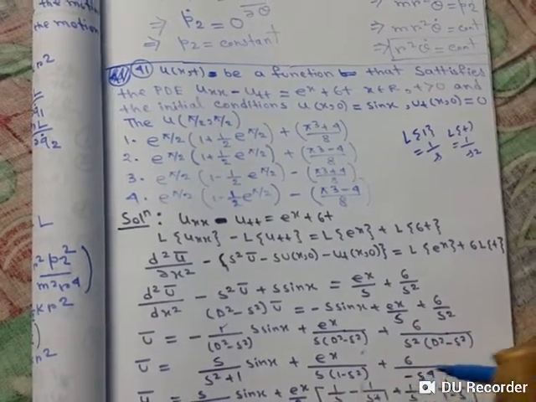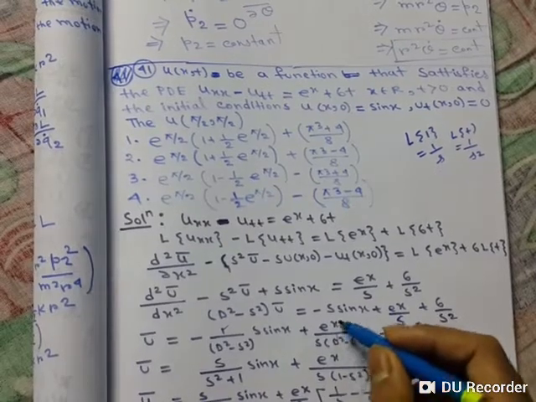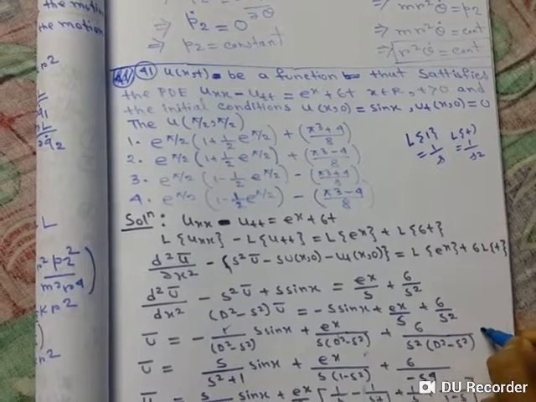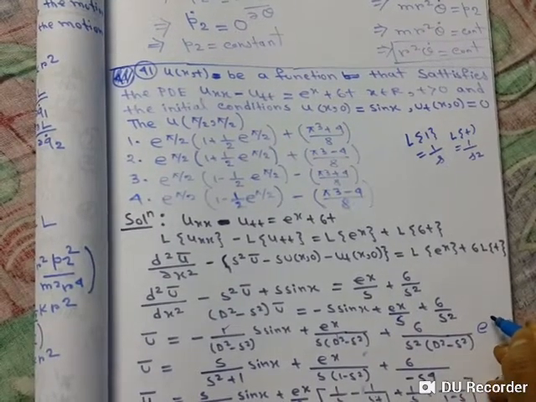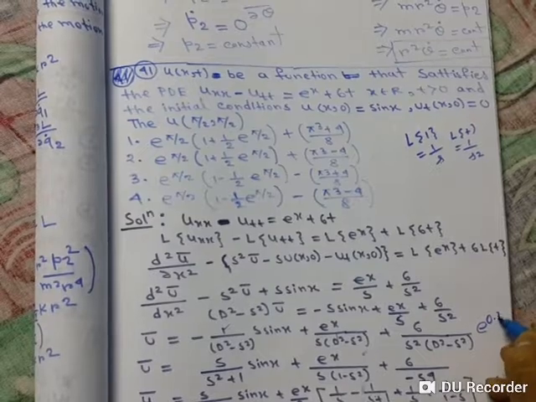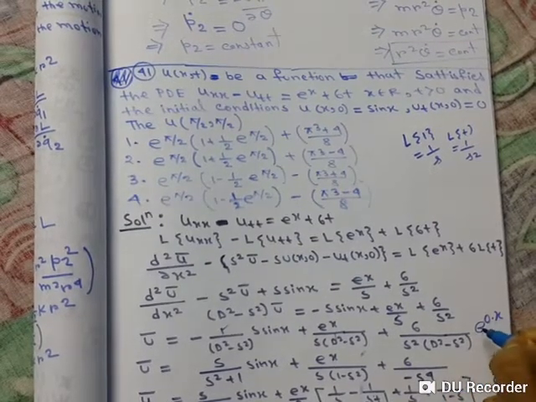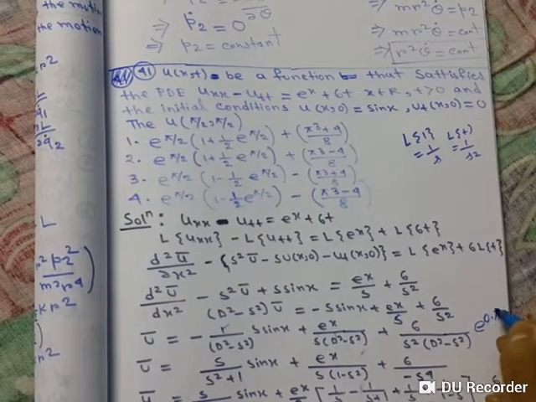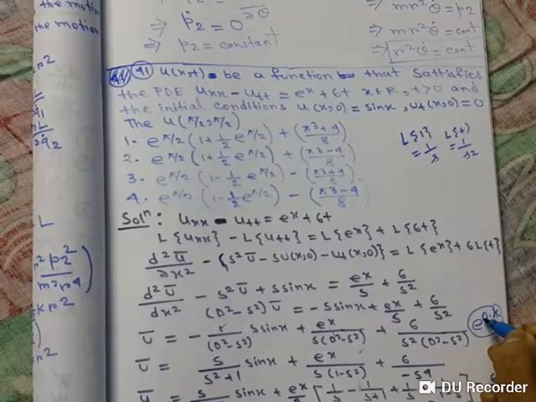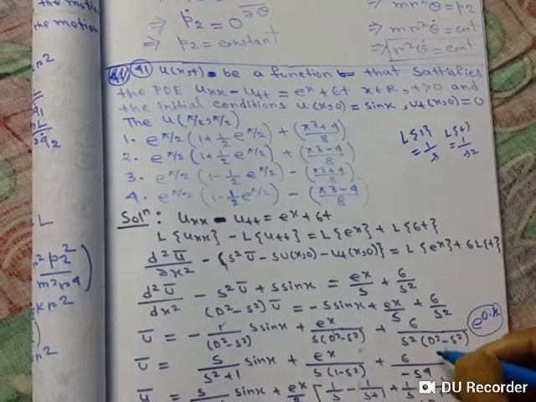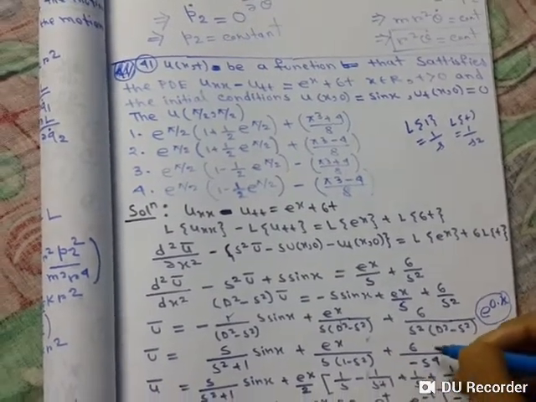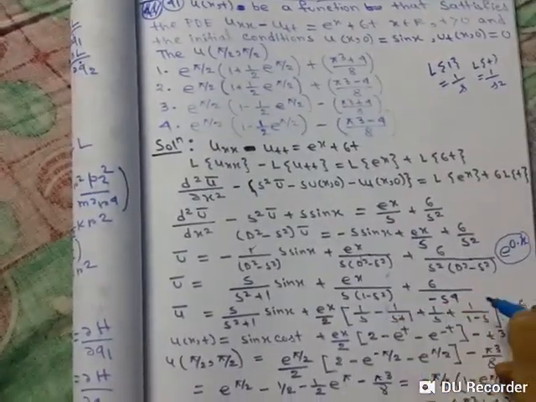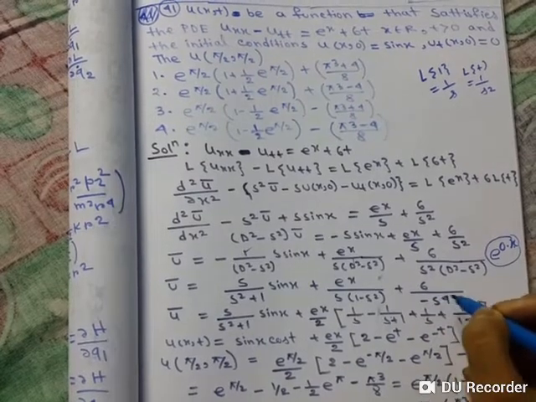So this becomes e^x by s(1 minus s squared). Now for the term 6 by s squared, this is 0 into x, so e^0 is 1. We put D equal to 0, so this becomes 6 by s to the power minus 4, that is 6 by minus s to the power 4.